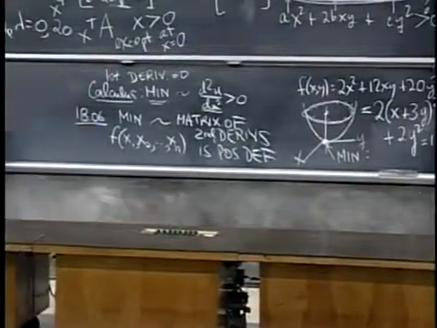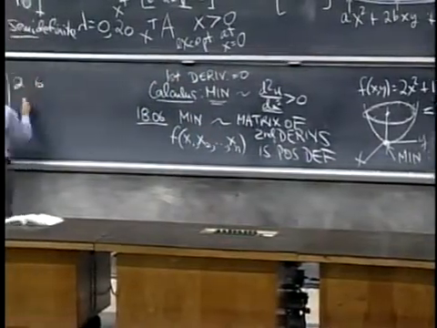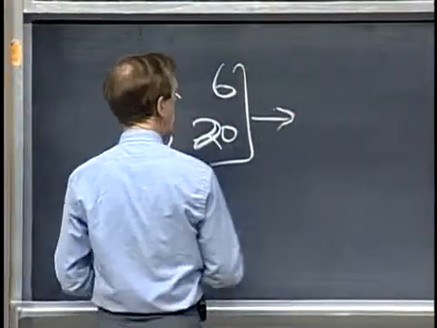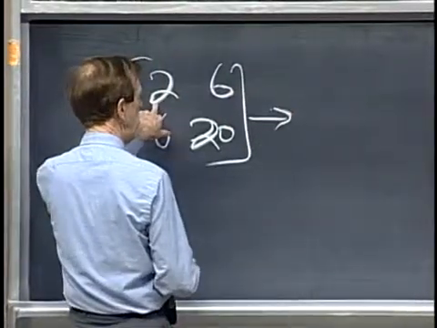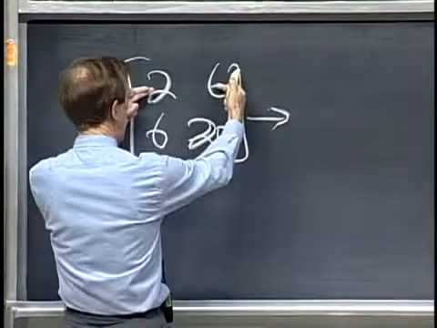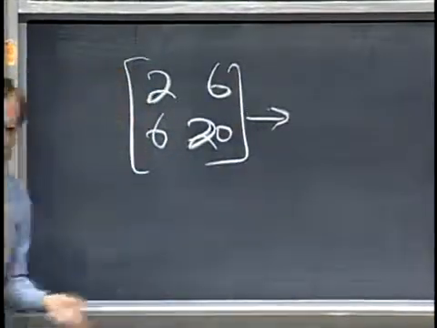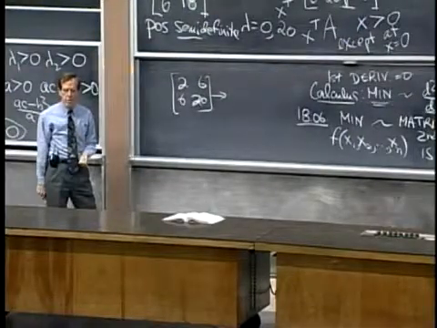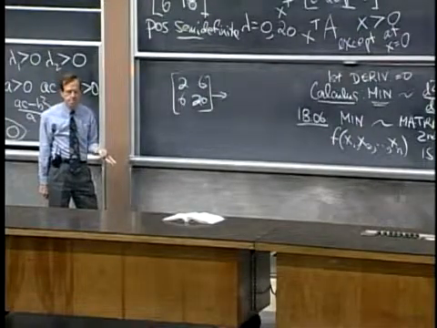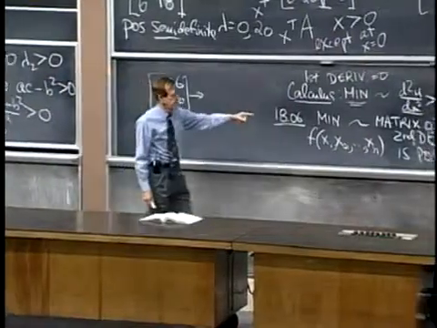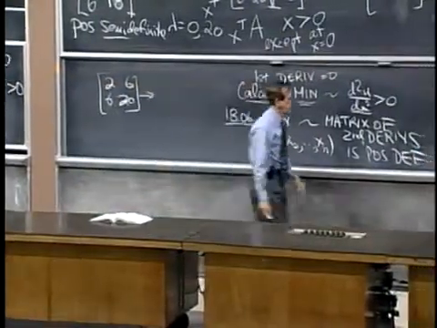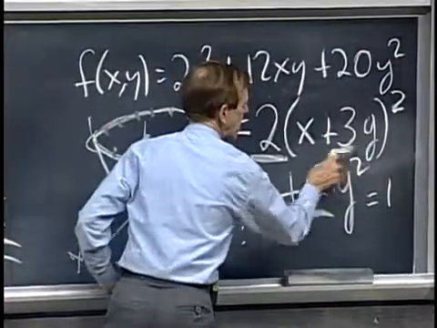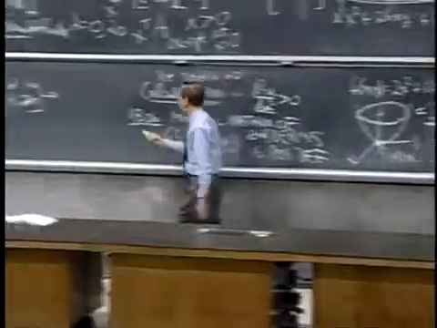If I take my matrix 2, 6, 6, and 20, and I do elimination, then the pivot is 2, and I take 3. Oh, what's the multiplier? How much of row 1 do I take away from row 2? 3. So what you're seeing in this completing the square is the pivots outside and the multiplier inside. Should just do that again.